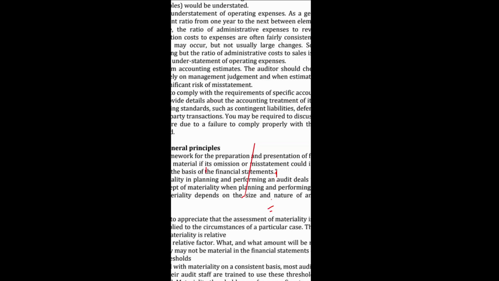Another thing you need to know about materiality is that you can use revenue to determine your materiality. You can use profit before taxes. You can also use total assets, to determine your overall materiality.